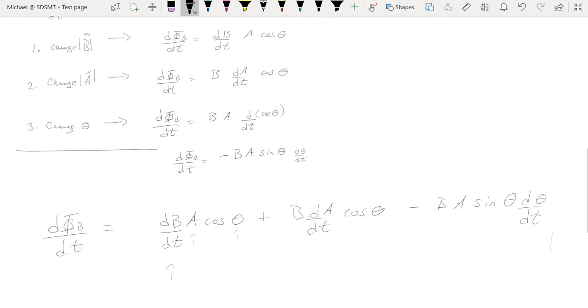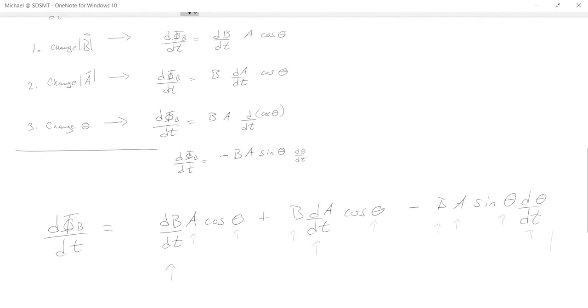Likewise, when we get to the second expression, I would have to look at the instantaneous value of magnetic field, the rate at which the area is changing, the instantaneous value of theta. For the third, we would have to look at the instantaneous values of field and area, the instantaneous value of angle, and then the rate at which that angle is changing.